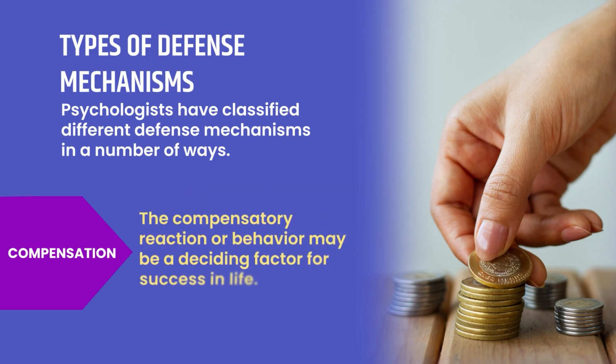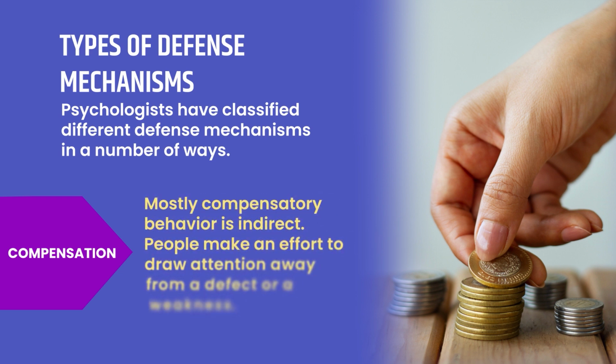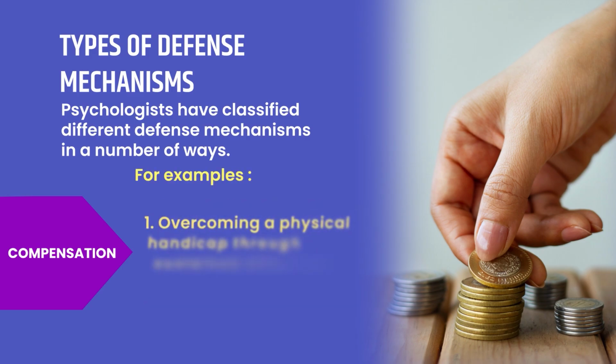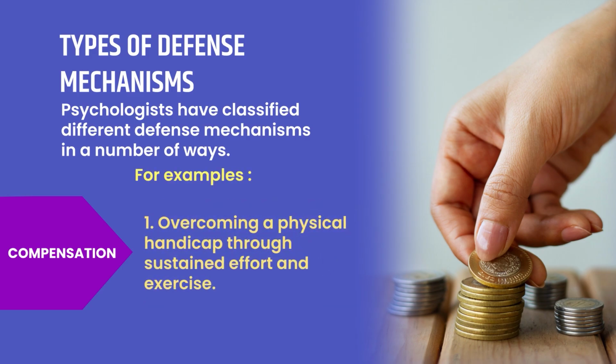The compensatory reaction or behavior may be a deciding factor for success in life. Mostly, compensatory behavior is indirect. People make an effort to draw attention away from a defect or a weakness. For example, overcoming a physical handicap through sustained effort and exercise.